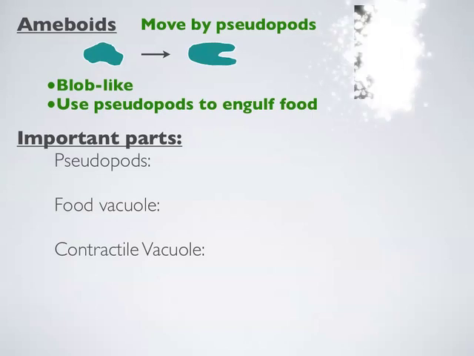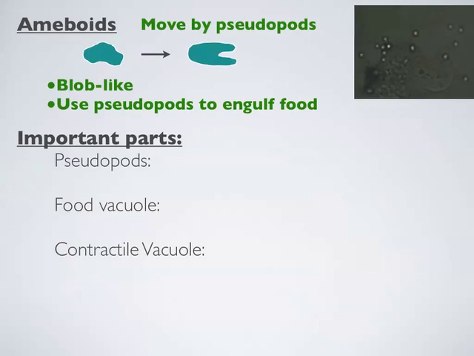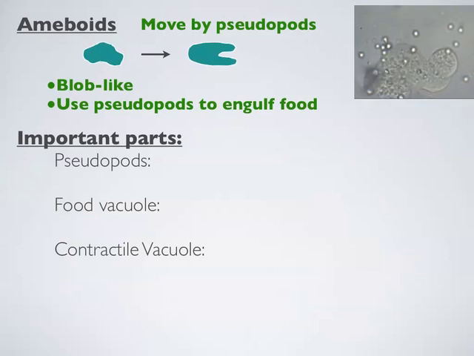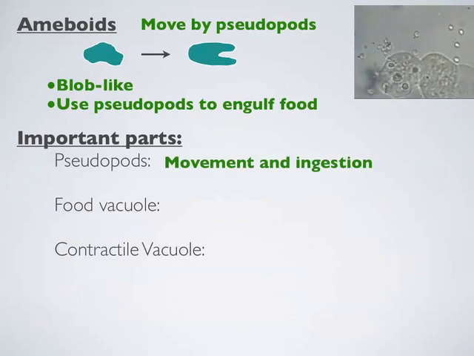So let me show you a pic. This is one of the pseudopods of an amoeba. You can see it sort of oozing forward. Ew, it's moving. So these pseudopods are used both for movement and to ingest food. The video's coming up in a minute.